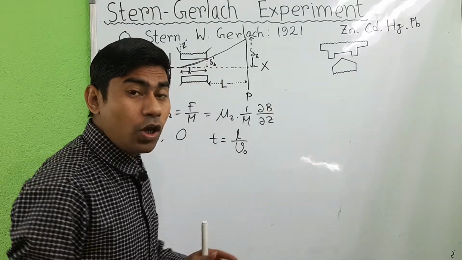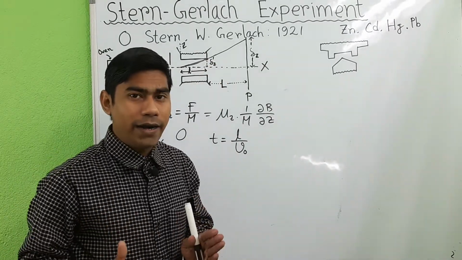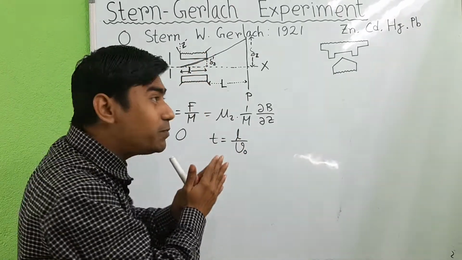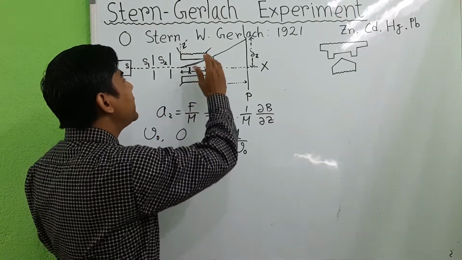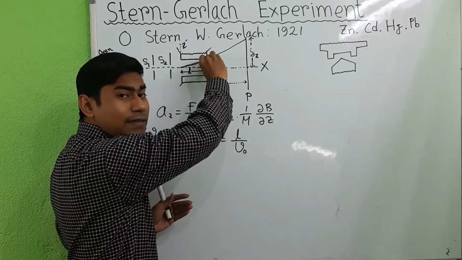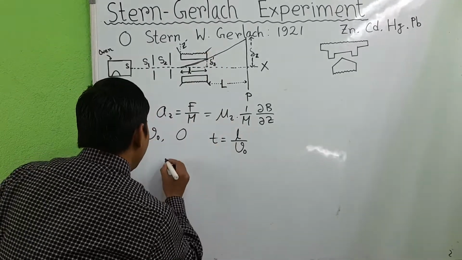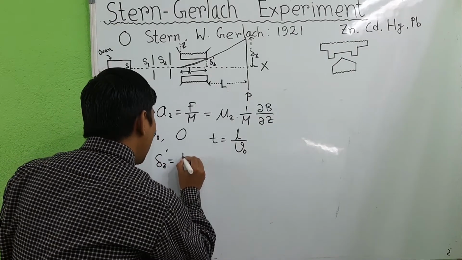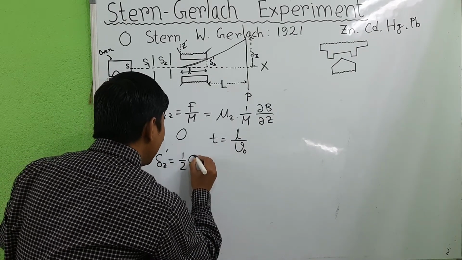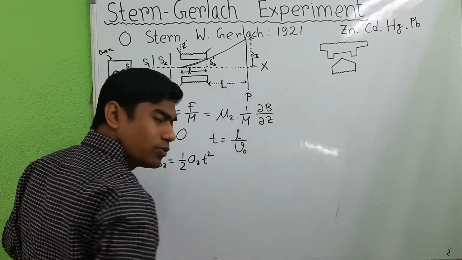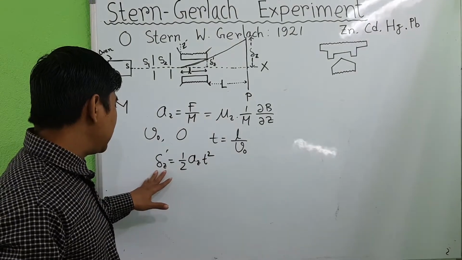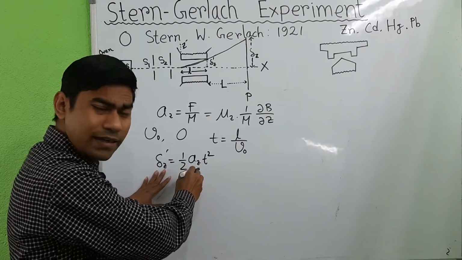So delta z dashed equals, from classical mechanics, half into acceleration az into t square.